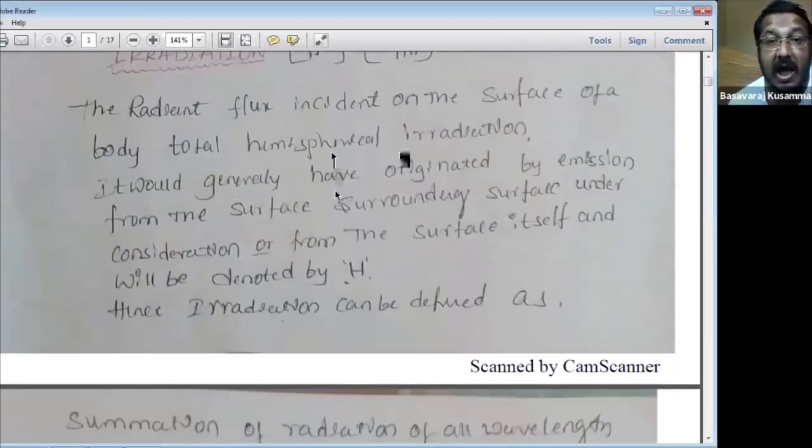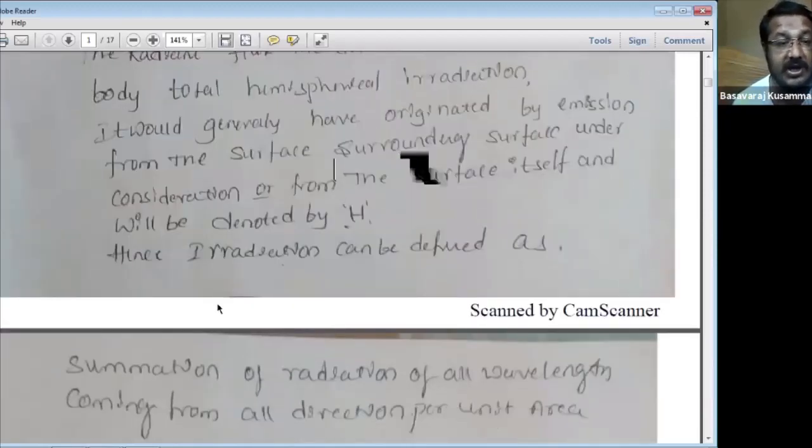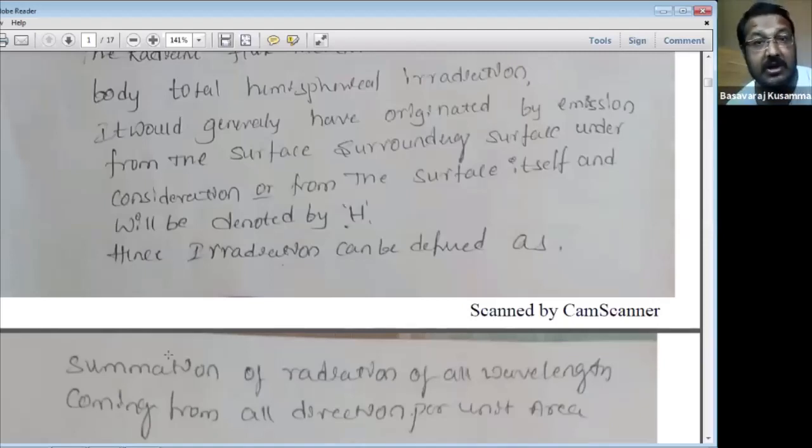It would generally have originated by emission from the surrounding surfaces or from the surface itself. Radiation falls on one side of a surface, is reflected, and falls again on the other side, for example on a curved surface. That second reflection falling on the surface is called irradiation, and is denoted by H.